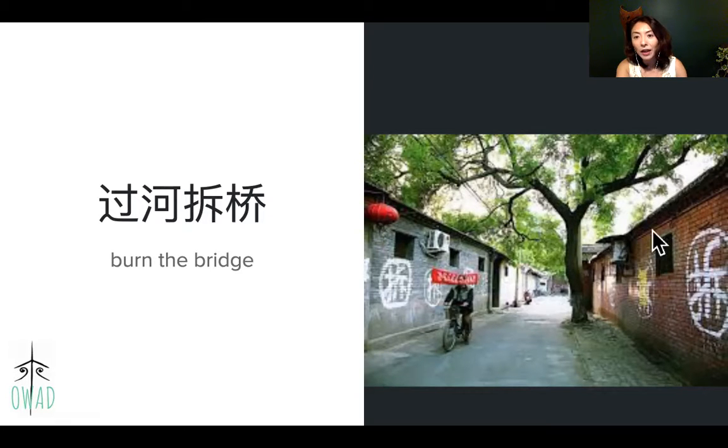Okay, here I show a picture with this 拆 character written all over the walls. There was a time of very intense and fast-paced urbanization in China, and a generation of Chinese, I guess the old residents in the old living environment, was traumatized because of this 拆.